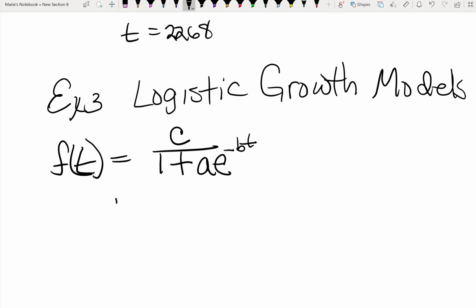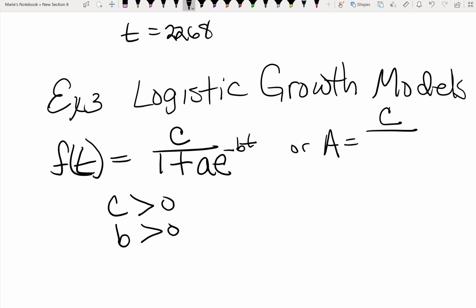In this case, c has to be greater than 0 and b has to be greater than 0, so they cannot be 0 and they cannot be negative. Or the same model, which is A is equal to c over 1 plus a times e raised to the negative bt.